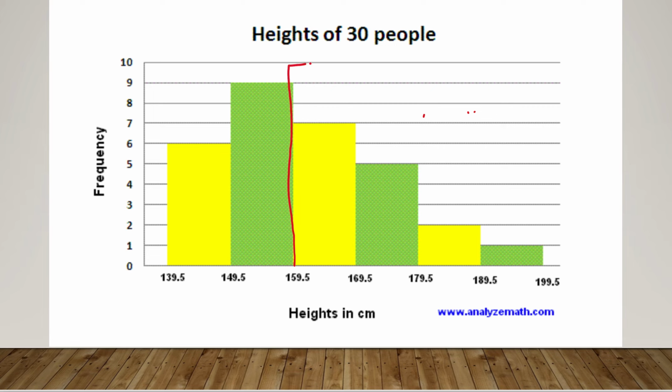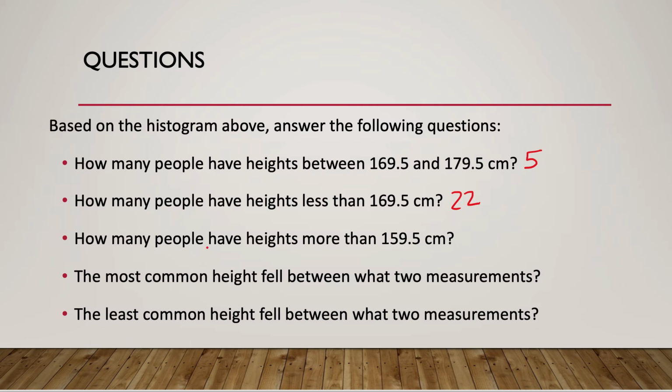And I want to do more than that, so I want to go to the right, to the numbers that are greater. I'm going to add up these 4 bars that fall to the right of my line. The first bar is at 7. The second one has a frequency of 5. The next one has a frequency of 2. And the last one has a frequency of 1. So I'm going to add those 4 numbers up, 7 plus 5 plus 2 plus 1, and that's going to give me 15. So there are 15 people with heights greater than 159.5.